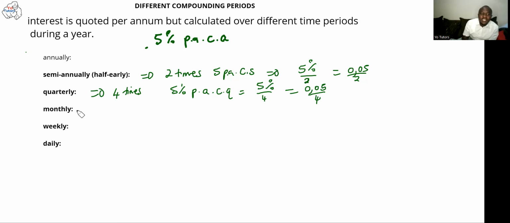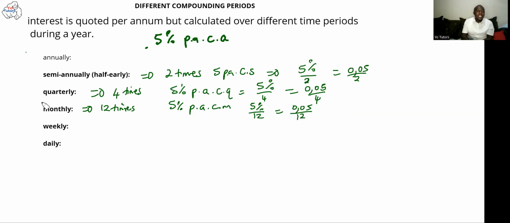What about if it's monthly? How many months in a year? It's 12 times. So if it's 5% per annum compounded monthly, this means it's 5% over 12, which is 0.05 over 12.